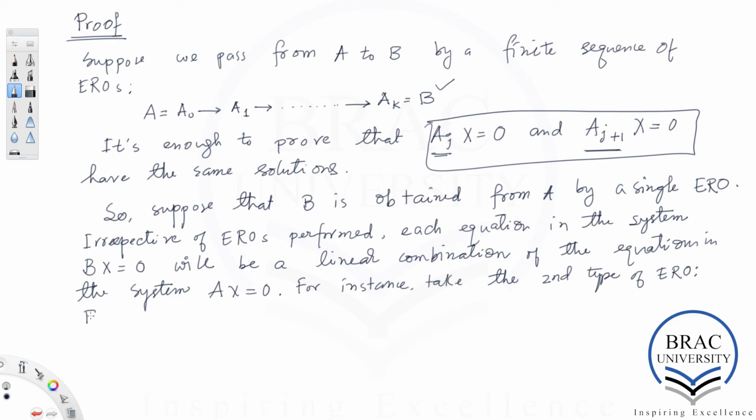So B is obtained from A by a single elementary row operation, which is of type 2.